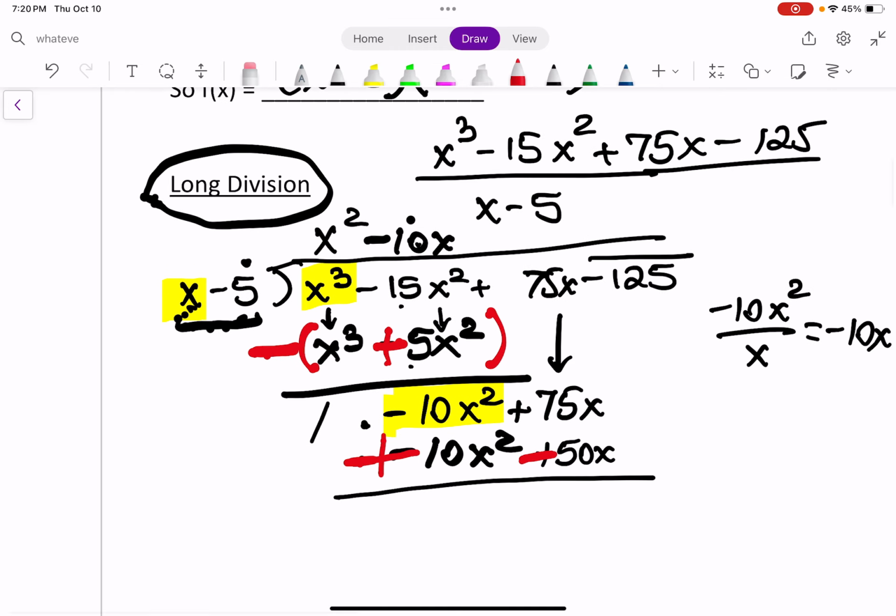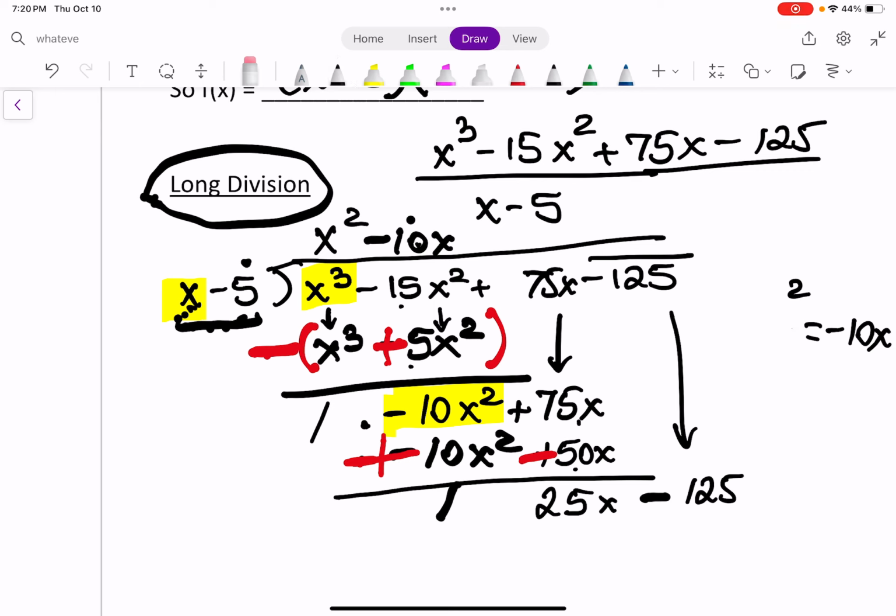So negative 10x squared plus 10x squared is gone, and 75x minus 50x is 25x. Now bring down the last term, like the last digit of the division, and play the game again.